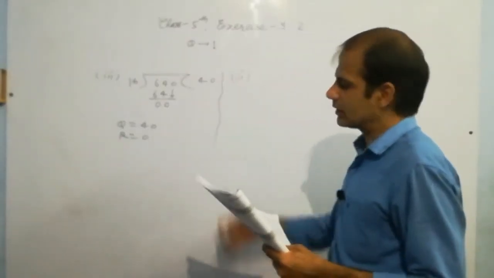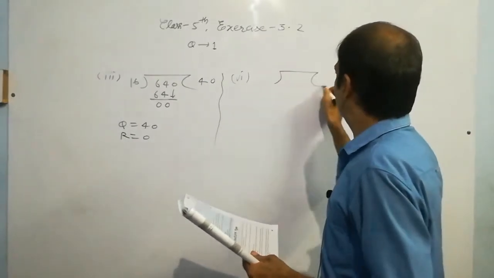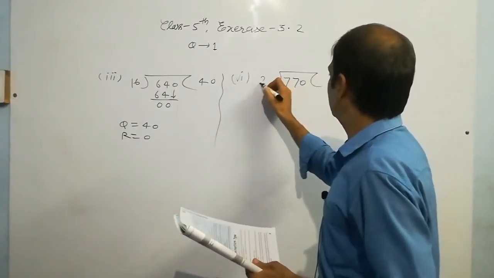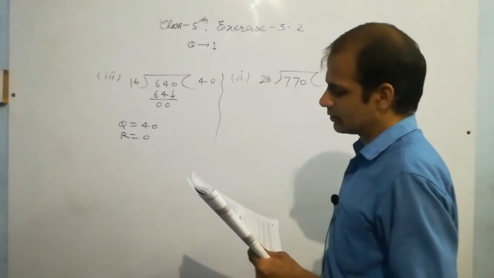Okay, sixth part is 770 divided by 28, 770 by 28. Okay, if you write the table, it will consume your time. So just try to multiply randomly by, suppose we consider 5. 5 8 ja 40, 4 carry, and it is 140. So it is very far from 210.